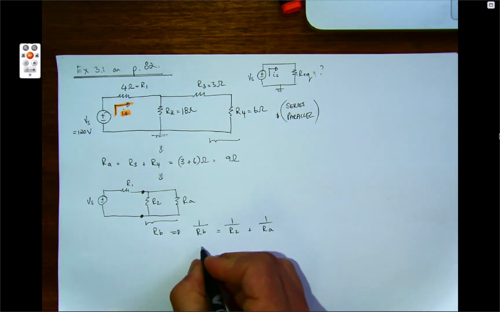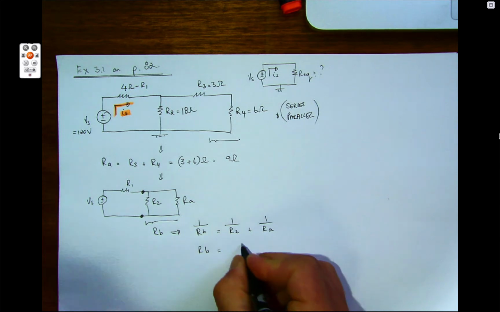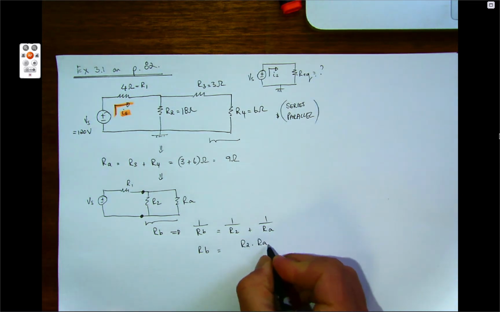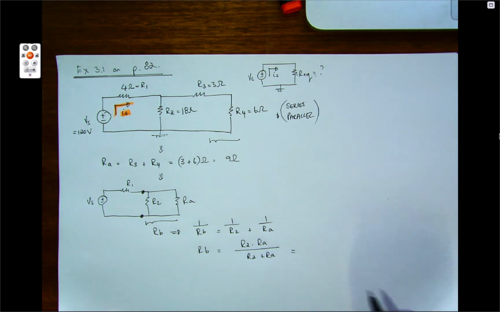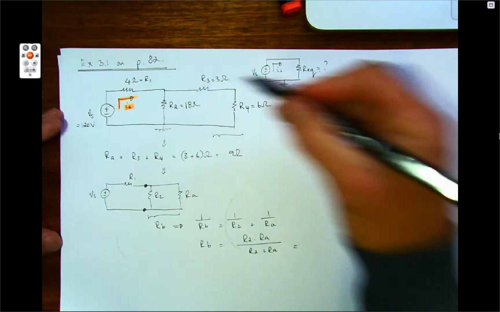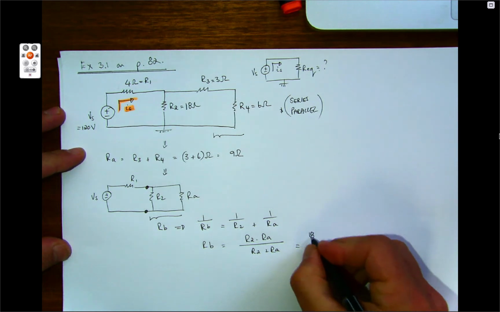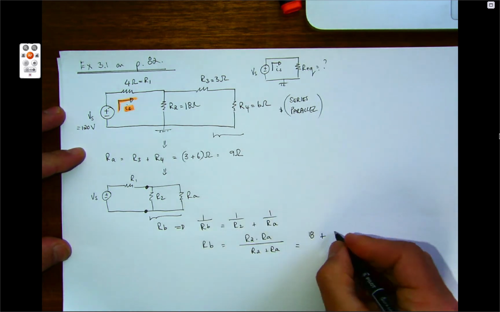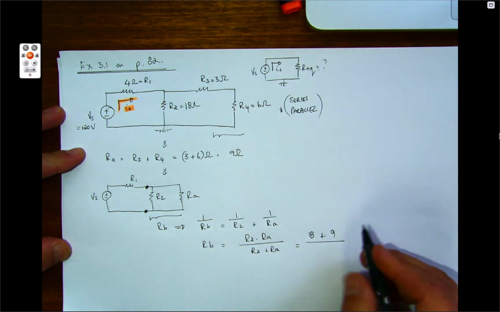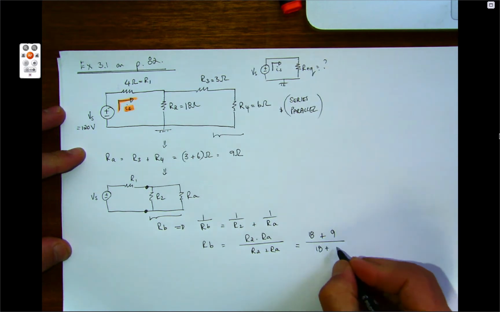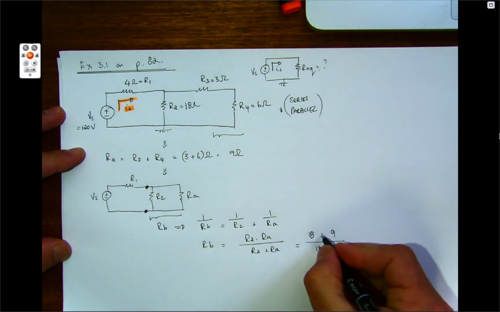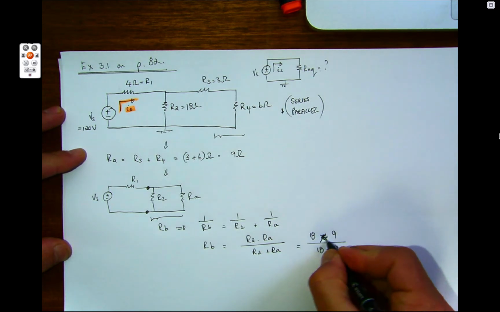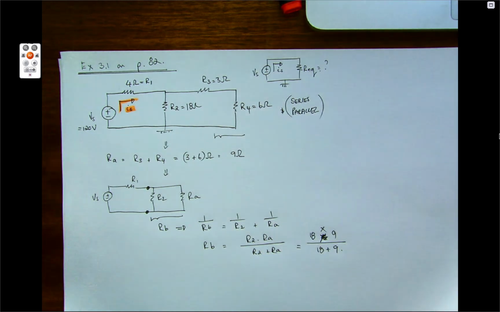This is R2 times RA over R2 plus RA, which is equal to 18 times 9 divided by 18 plus 9.